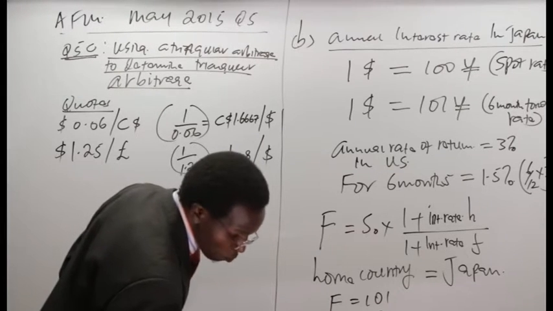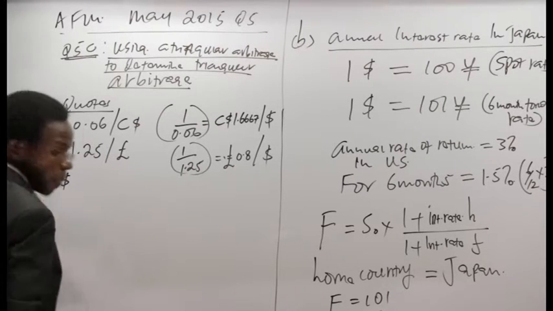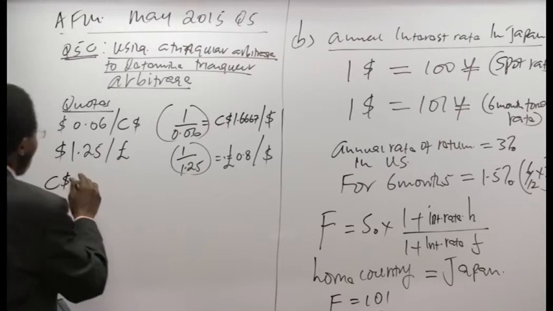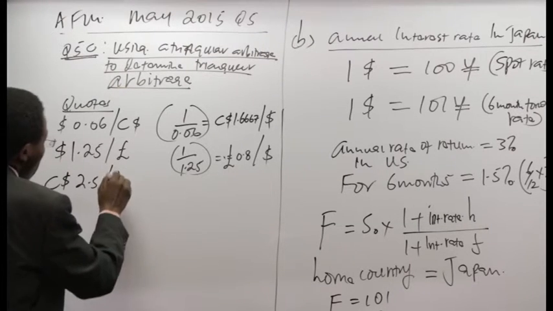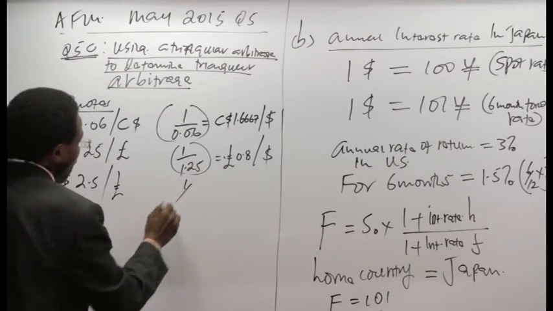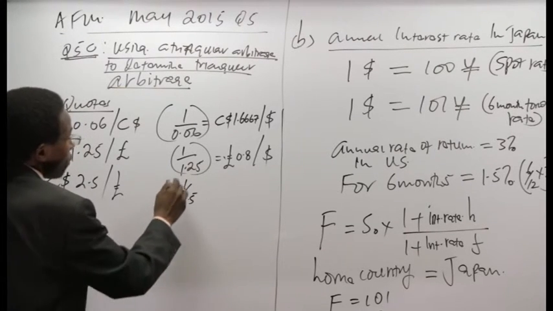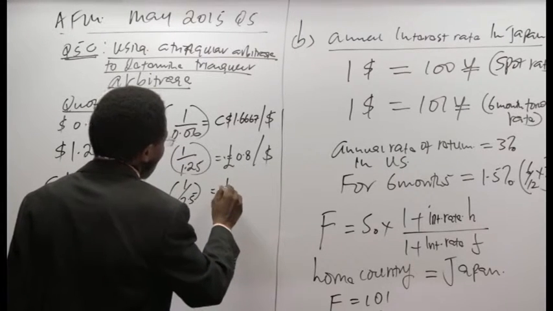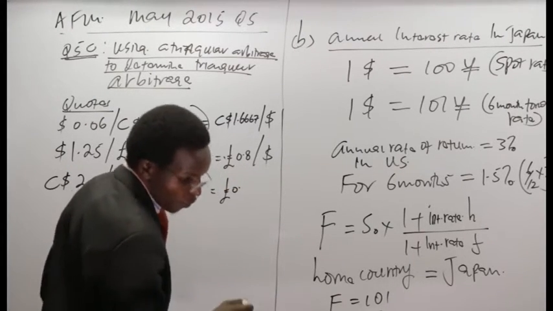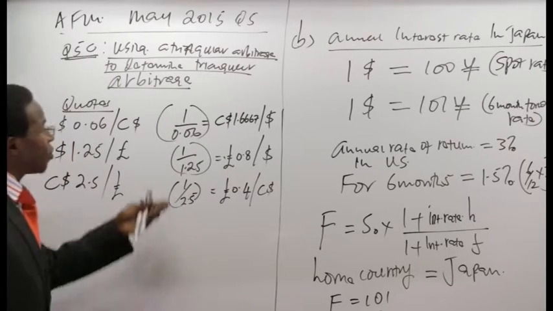The last one, we have Canadian dollars 2.5 per 1 pound. This can be written as, if you take 1 divided by 2.5, you definitely get what they have given us there as 0.4 per Canadian dollar. That's exactly what they did.